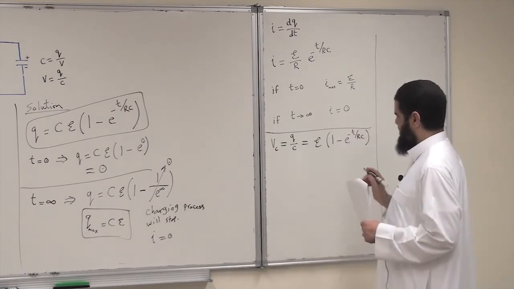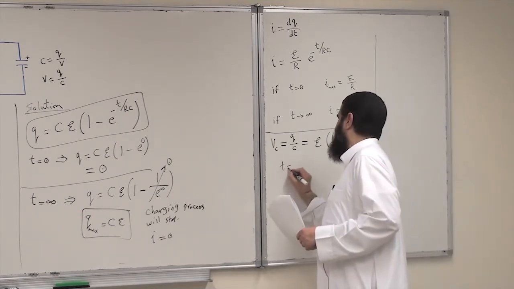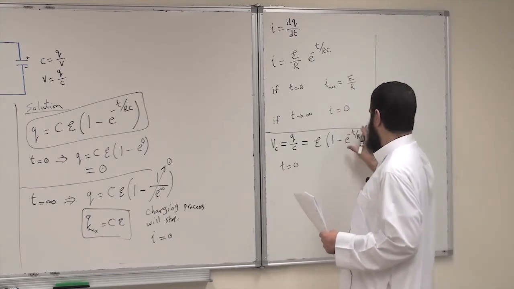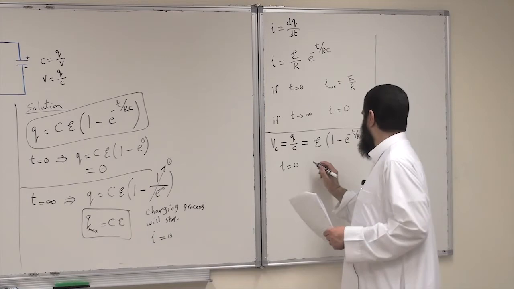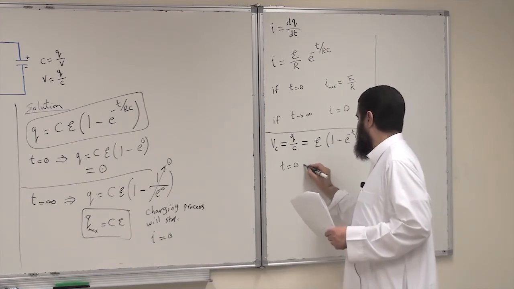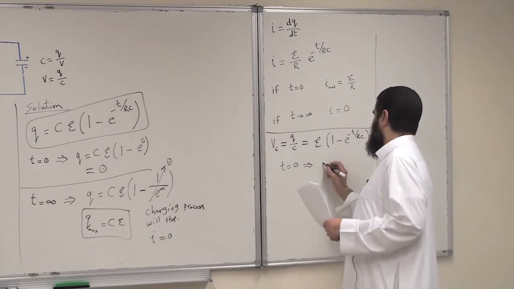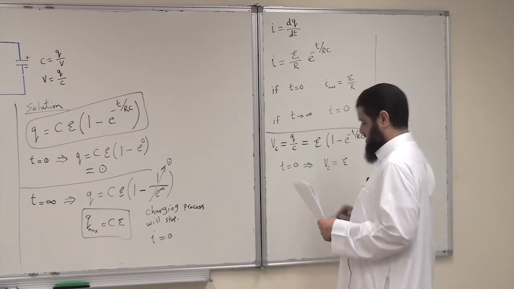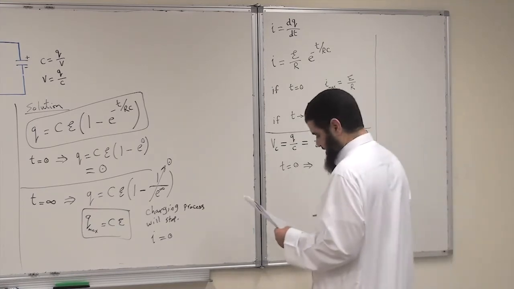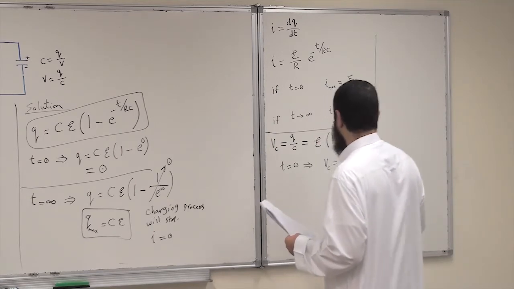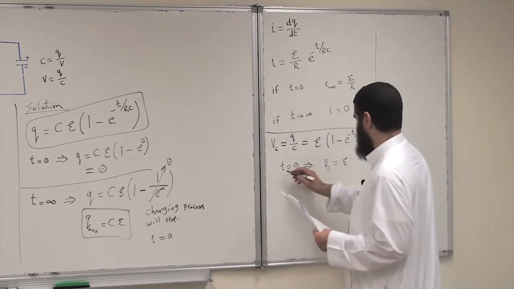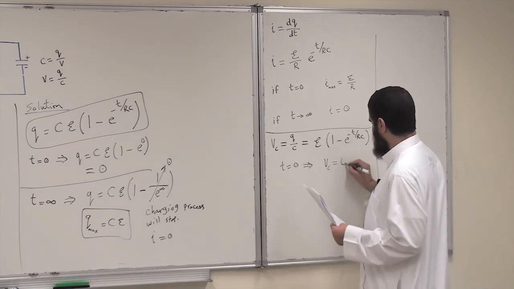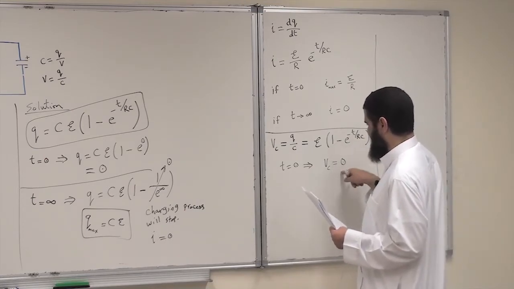Very nice. If the time equals 0, this term will be 1, and 1 minus 1 will give us 0, so V across the capacitor is 0.